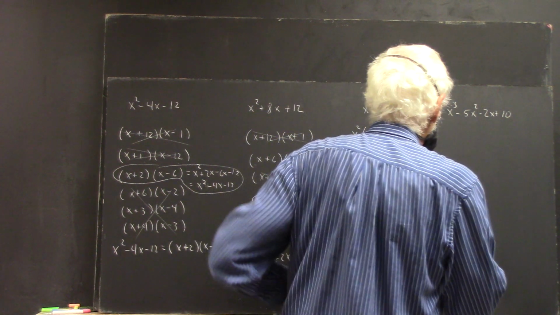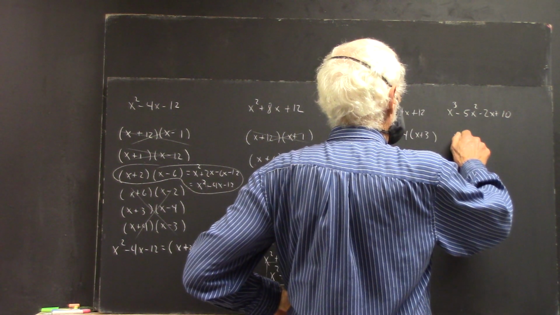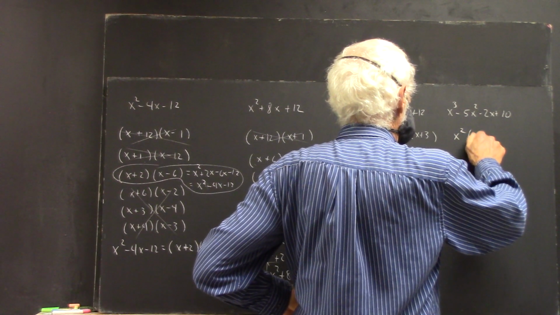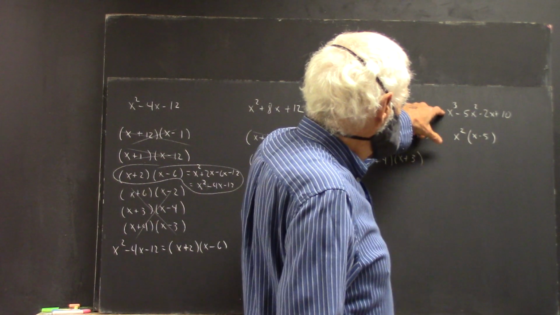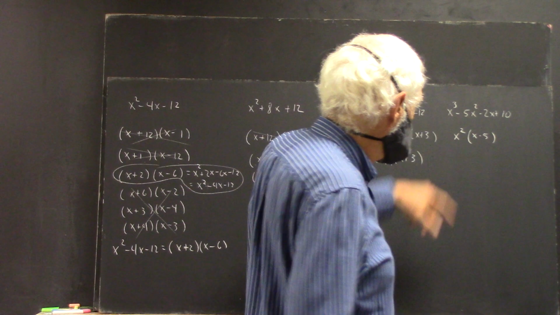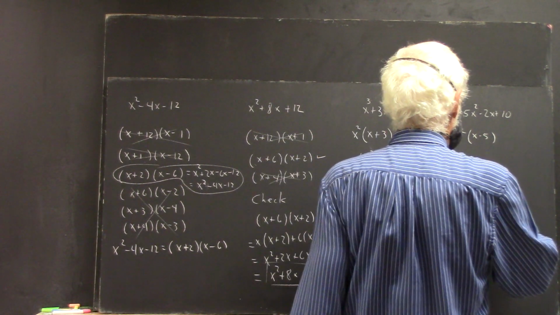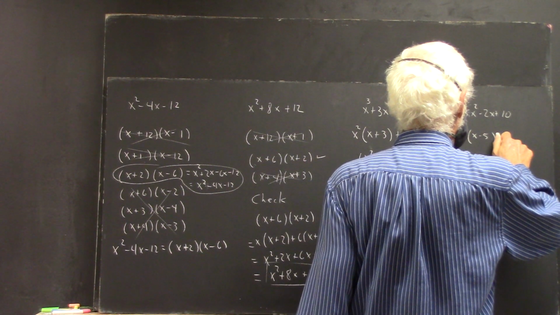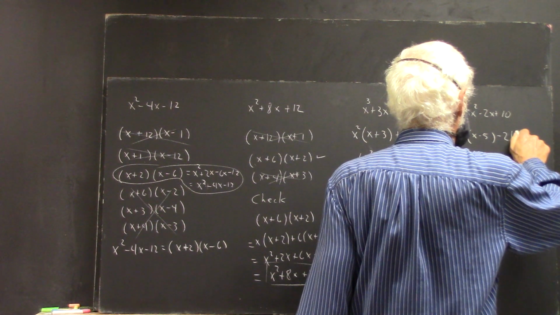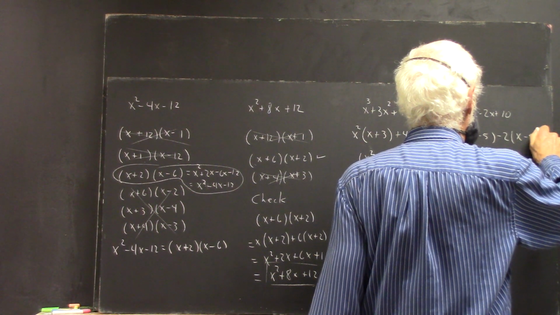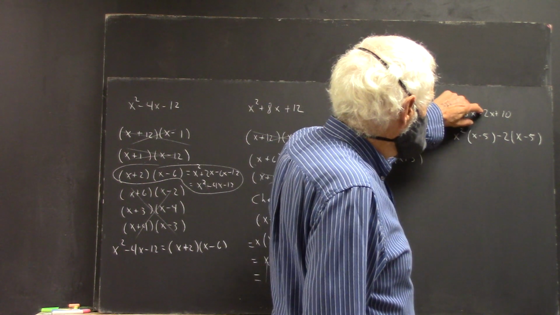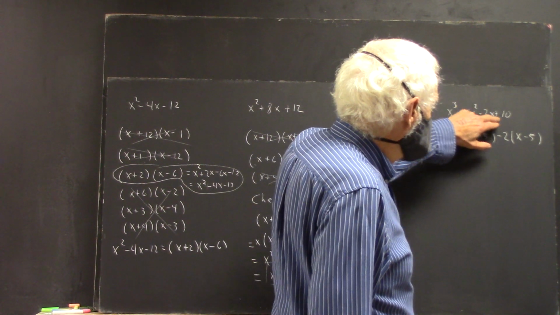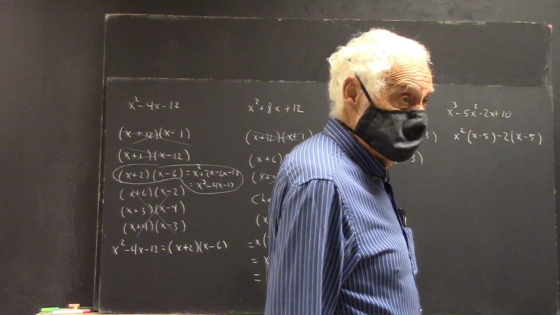Try the same thing here. What we've got here is x squared times x minus 5. And then a little tricky here because of the signs. I can factor a 2 out of this and I'd get negative x plus 5, right?